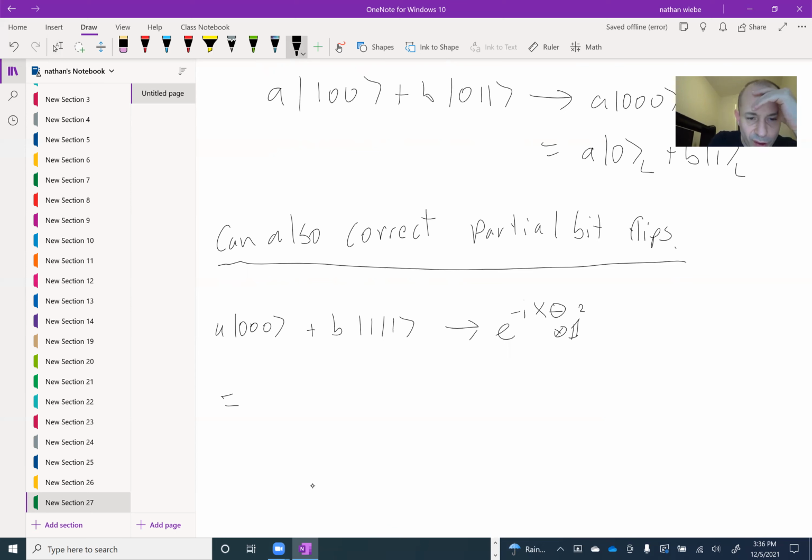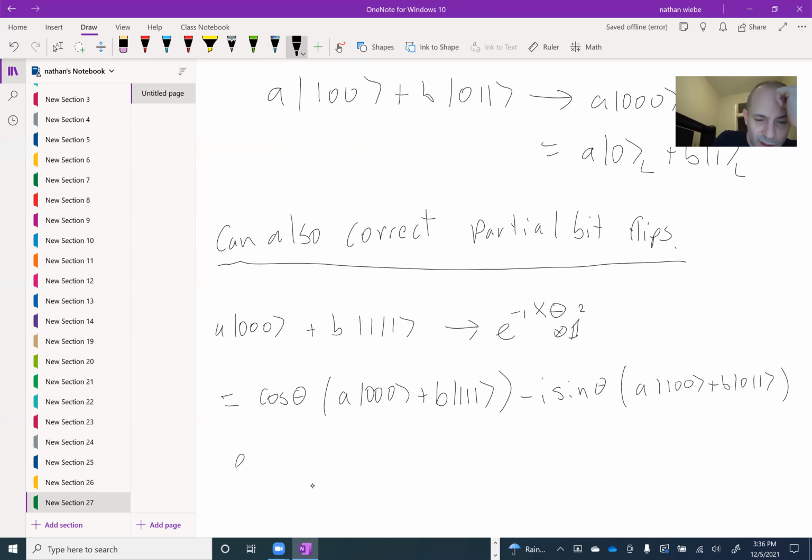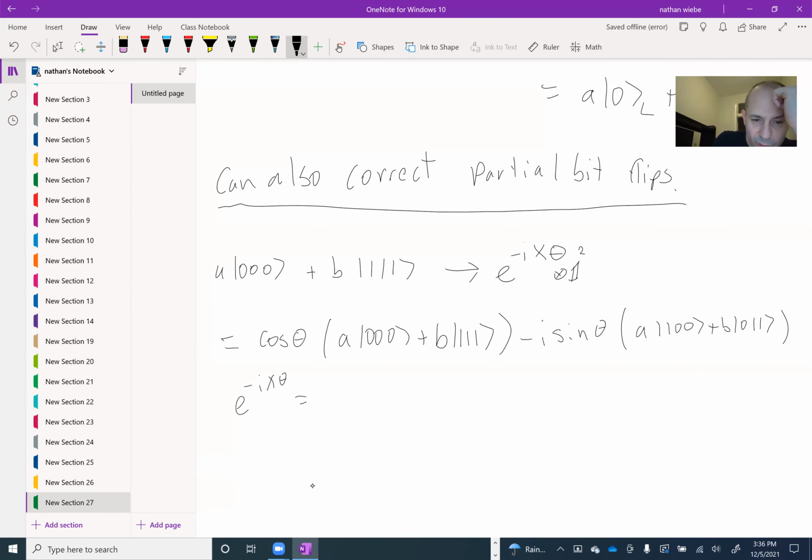So this will end up giving us cosine theta times A000 plus B111, minus i sine theta times A100 plus B011, using the fact that e to the negative i X theta is equal to cosine theta minus i sine theta X. Okay, good.